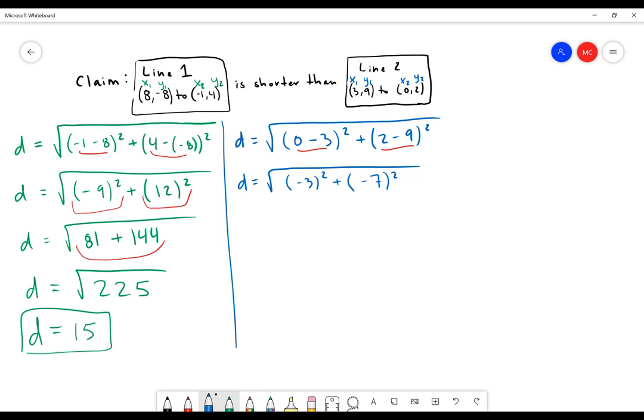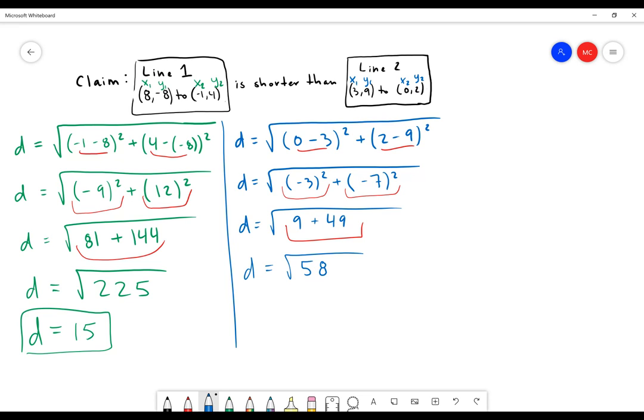Now I am going to simplify the exponents. So distance is equal to the square root of -3 squared, which is positive 9, plus -7 squared, which is 49. And now I'm going to add inside my radical. So distance is equal to the square root of 58.